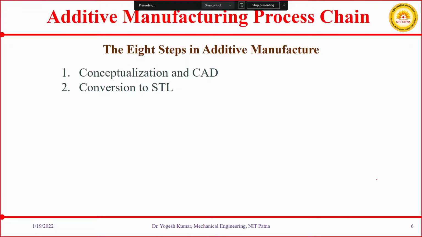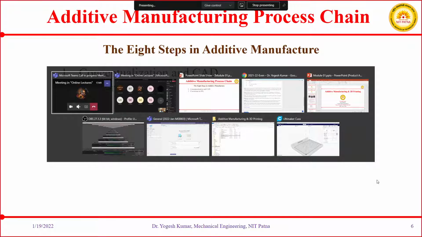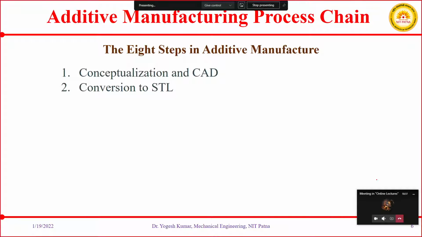In that case, what will be your primary objective as far as these 8 steps are concerned? You have to first conceptualize the model, that is, what component you are supposed to produce, or you want to print using your 3D printer or additive manufacturing machine.